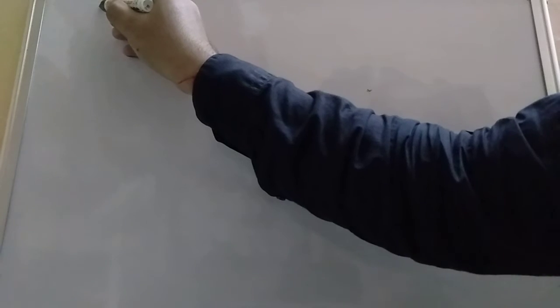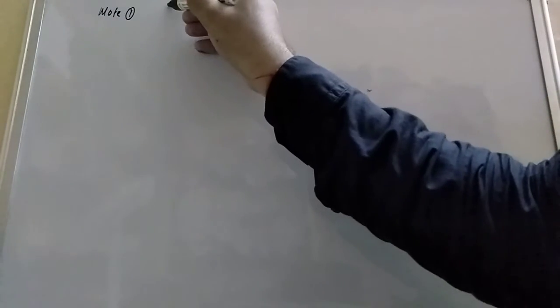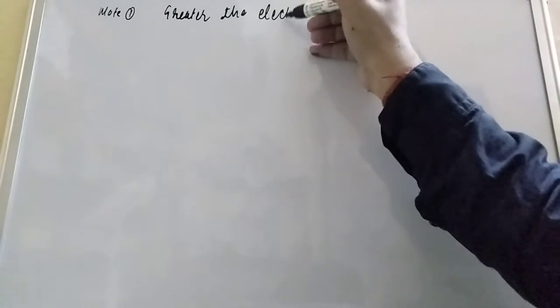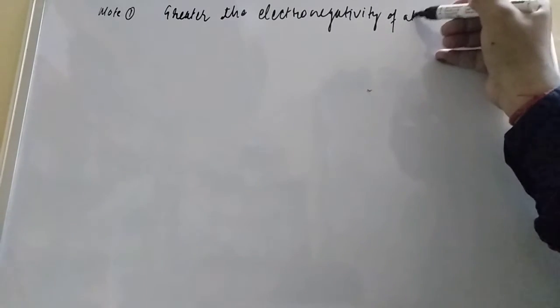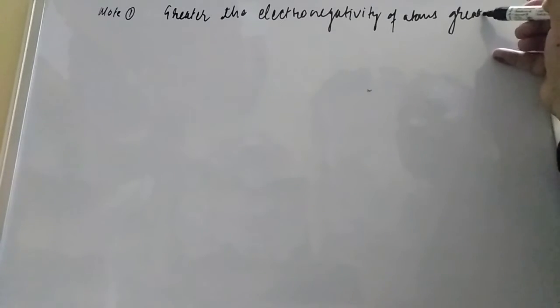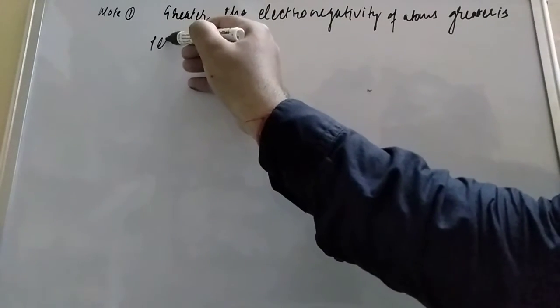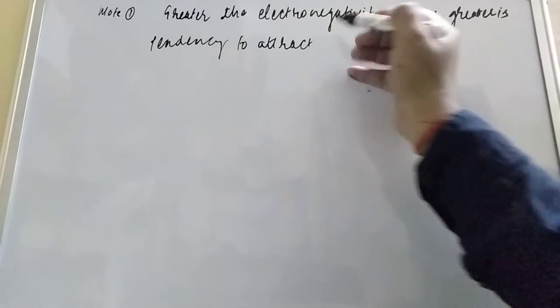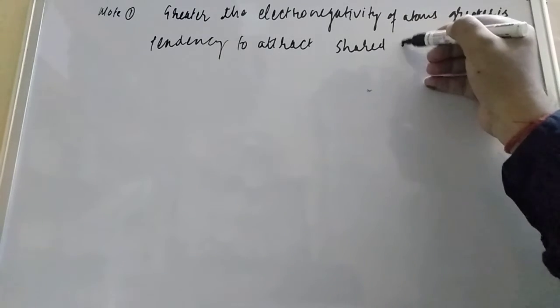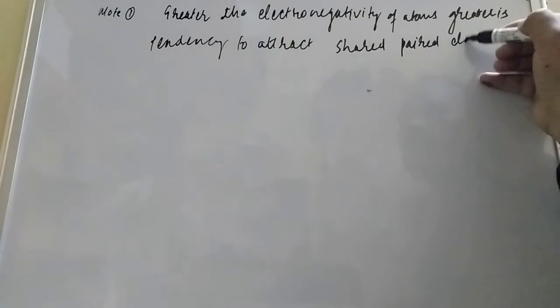So the first one is: the greater the electronegativity of an atom, the greater is the tendency to attract the shared paired electron towards itself.